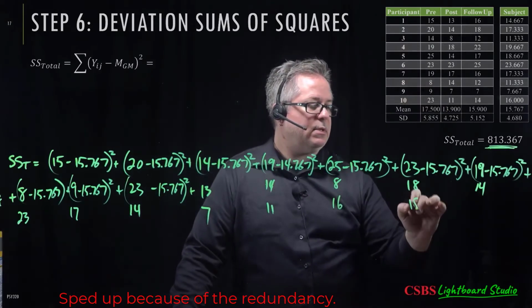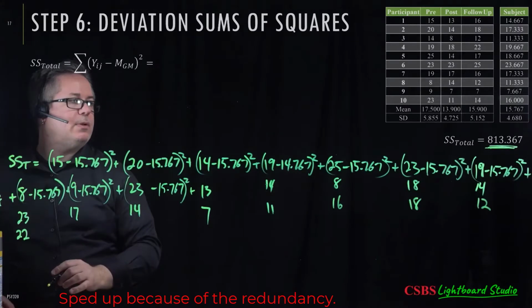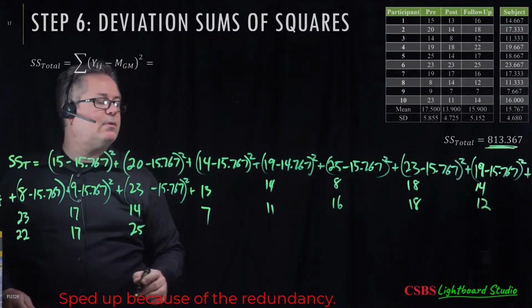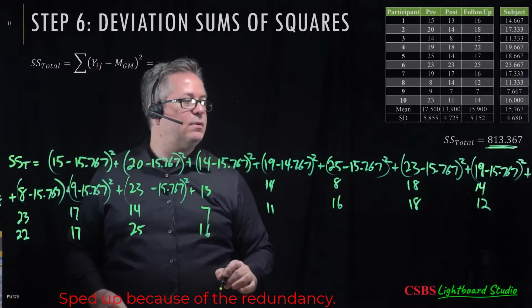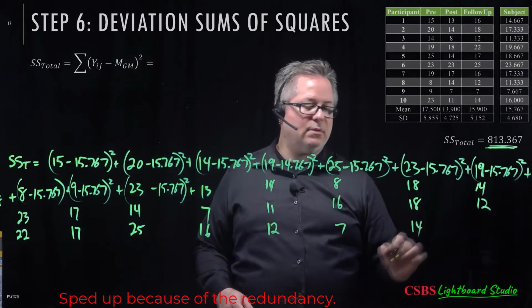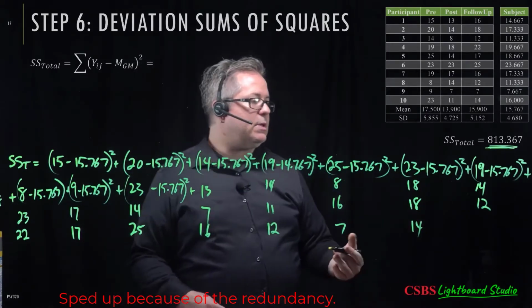16, 18, 12, 22, 17, 25, 25, 16, 12, 7, 14. So 1, 2, 3, 4, 5, 6, 7, 8, 9, 10. So that's everybody.